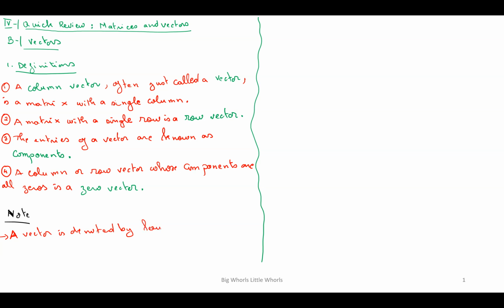So a vector is denoted by a lowercase Roman letter, or even a Greek letter, overlined with an arrow.